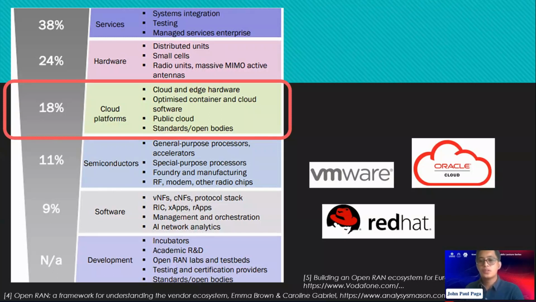Okay? So in terms of sustainability and bringing down the carbon emissions, okay, cloud platforms really is a big help. Okay? So thus, it lowers the overall CapEx and OpEx for the operator naman din.